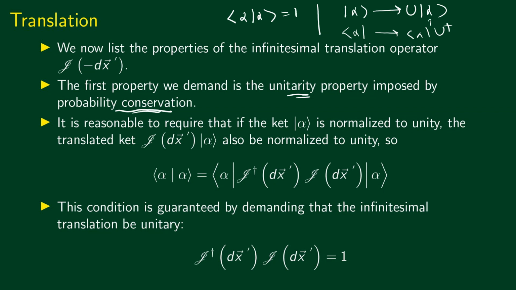What's the inner product of these transformed states? You get bra alpha U dagger U ket alpha, but U dagger U is the unit operator, so this is equal to bra alpha ket alpha. So we see that the normalization is preserved under any unitary transformation.